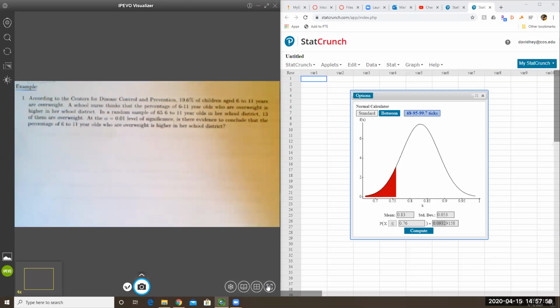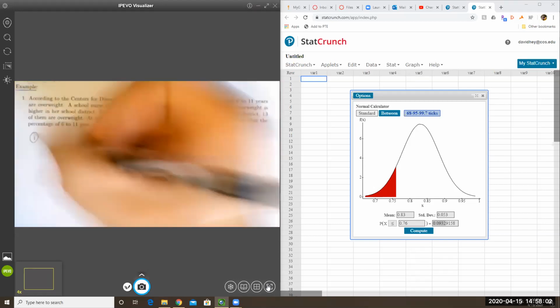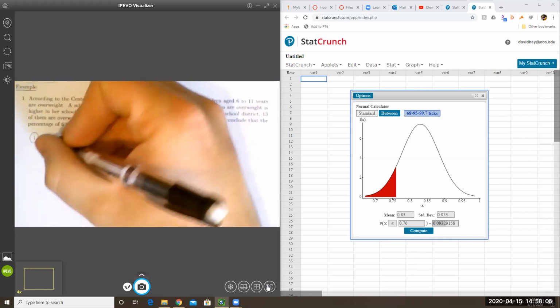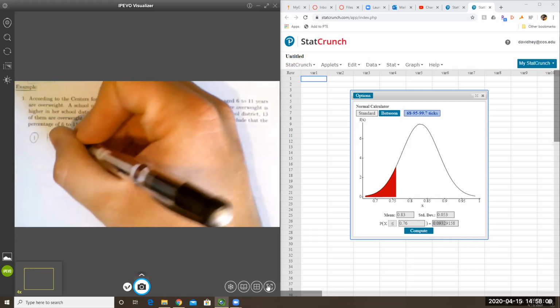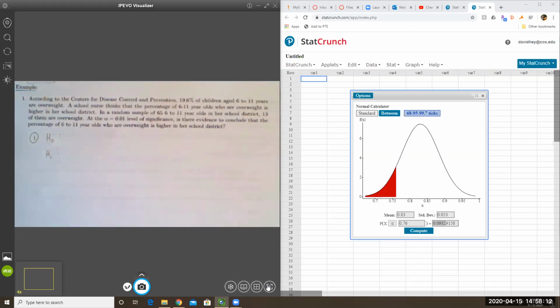Well, let's run the test. Step 1 is to state the null and alternative hypotheses. The null hypothesis is a statement of no change, no difference, no effect.